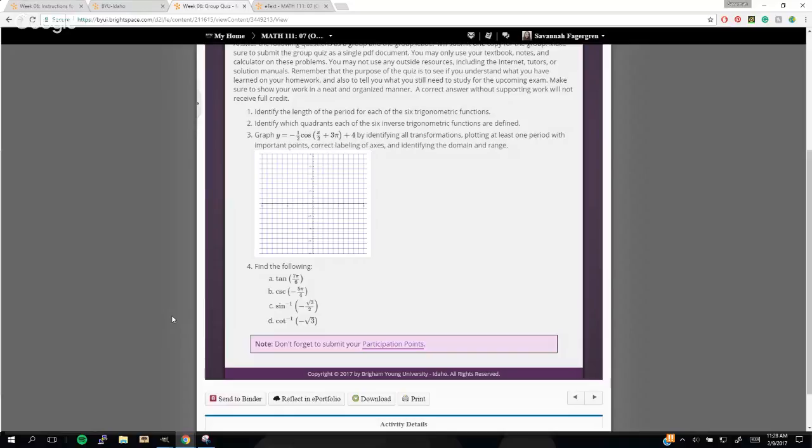How are you getting that? Cotangent in the problem is negative square root of 3, so negative square root of 3 over 1. Tangent would be flipping those two, so tangent would equal 1 over square root of 3. Okay, I gotcha.